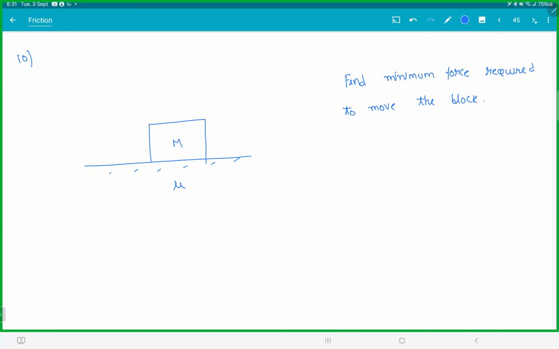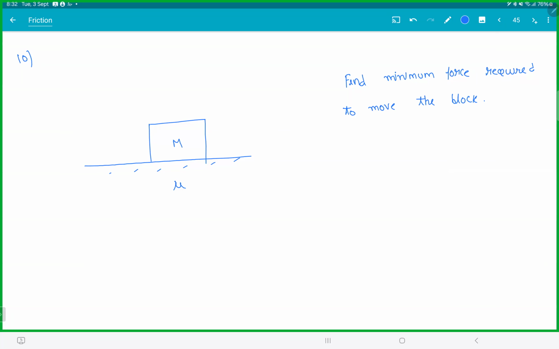Anyone got an easy answer? Feeling like it's mu mg? That will be there in the options and that will give you negative marking.